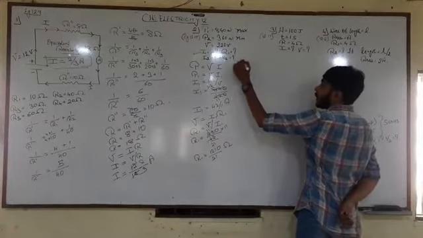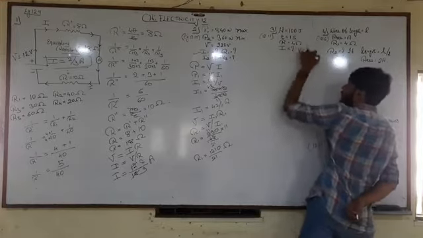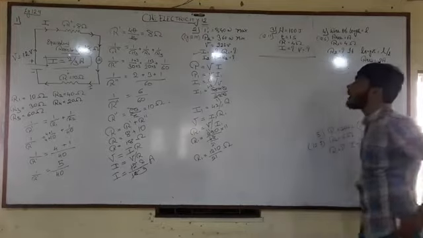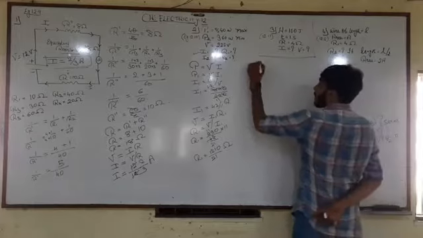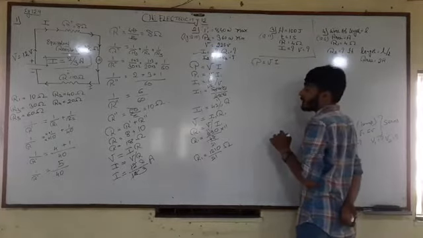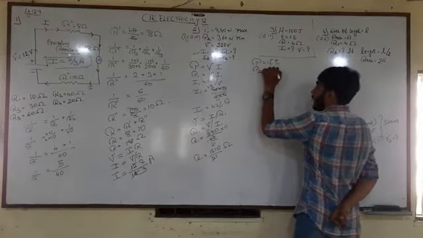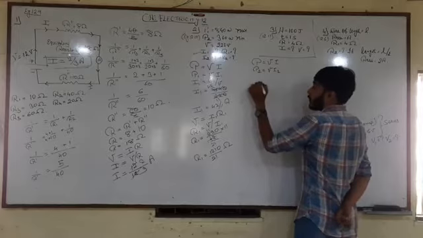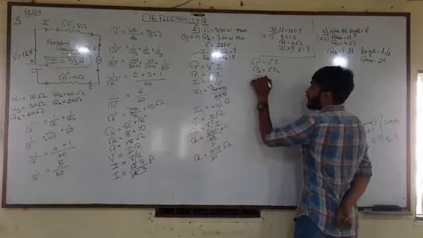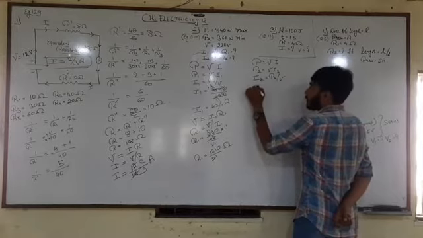Let us go through this over here. Again the formula is P is equal to VI. P2 is equal to VI2. We know that I2 is equal to P2 upon V, and we need to find I2.